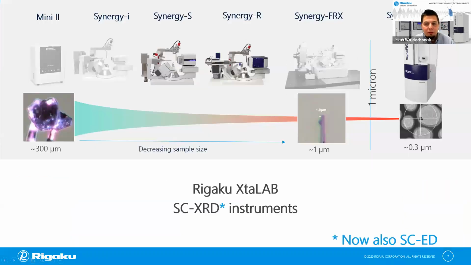Just to briefly give you an outline of what instruments and methods we will show, Rigaku has a full line, from a benchtop single crystal instrument to the Synergy, which allows users to do single crystal measurements from 300 microns and bigger to sub-micron crystals.